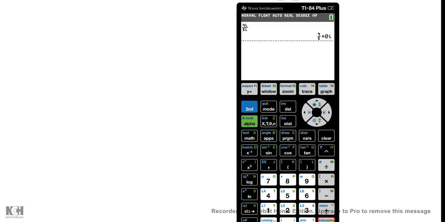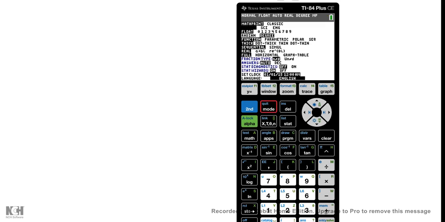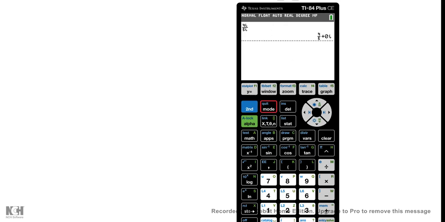Let me look here real fast at what IXL wants. Let's look at our mode, and we can go down here to see real numbers. We could change the mode over here, but I don't think so. All right, let's go back to this screen.